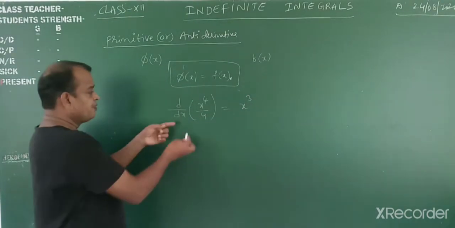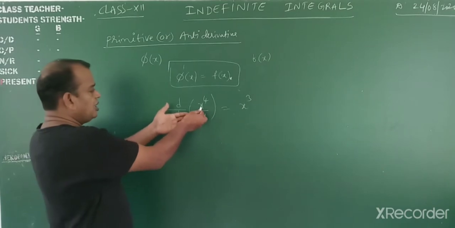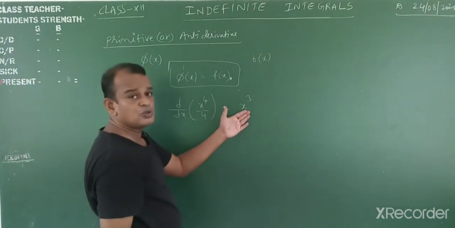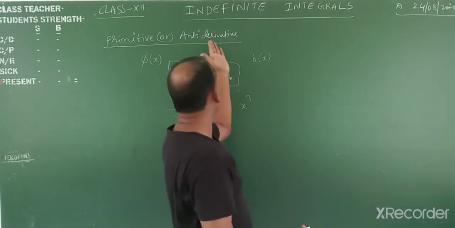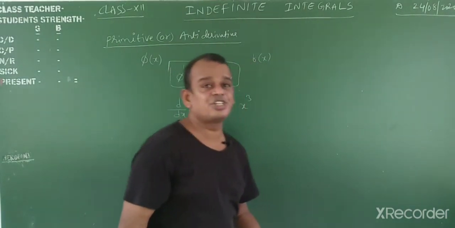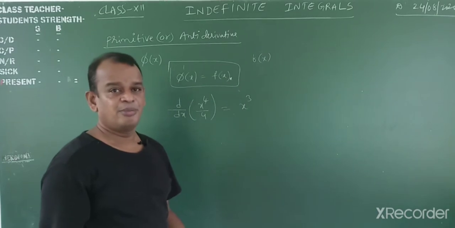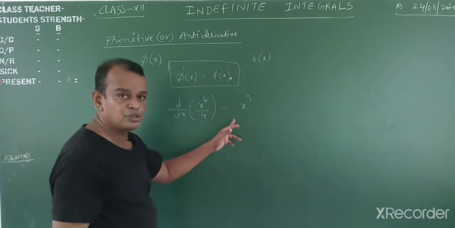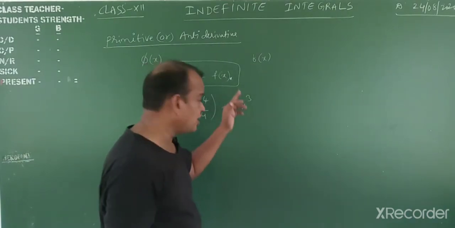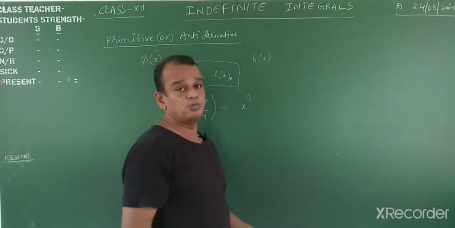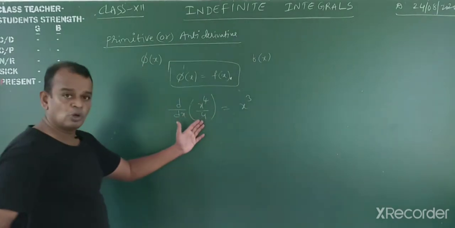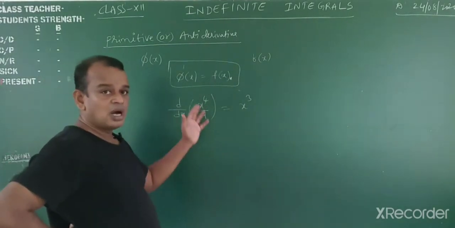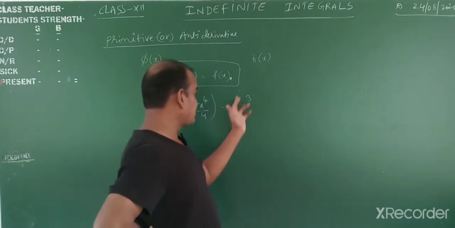What is the meaning of this? x power 4 by 4 is the primitive, or antiderivative, or integration of x cube.